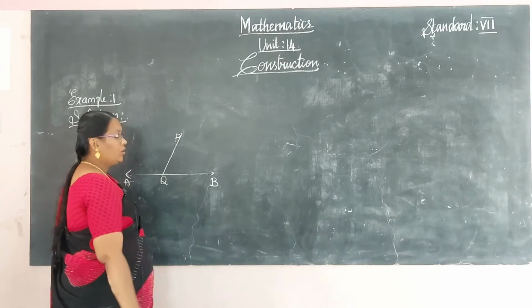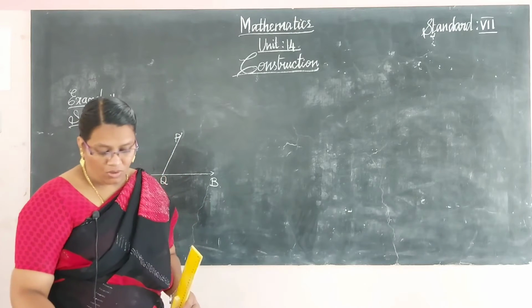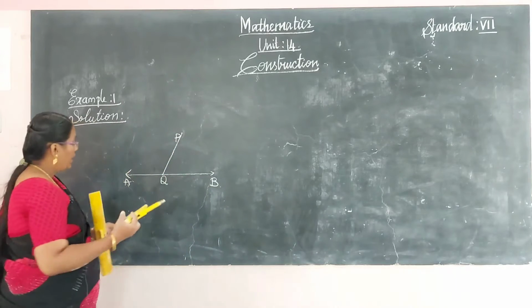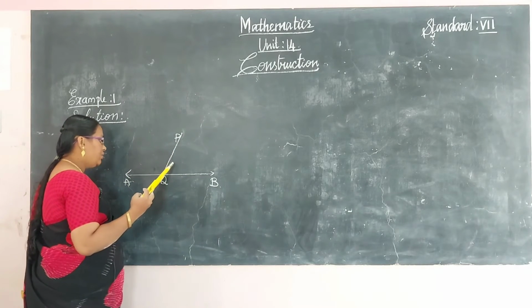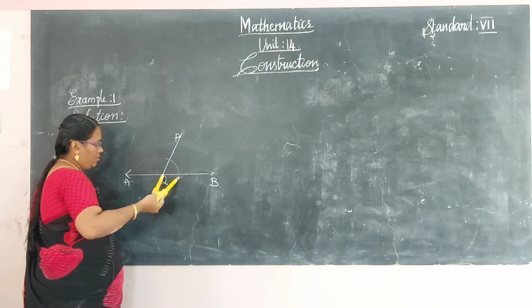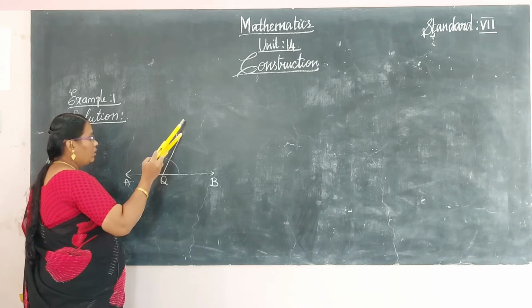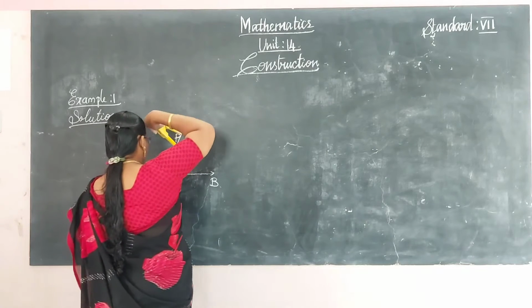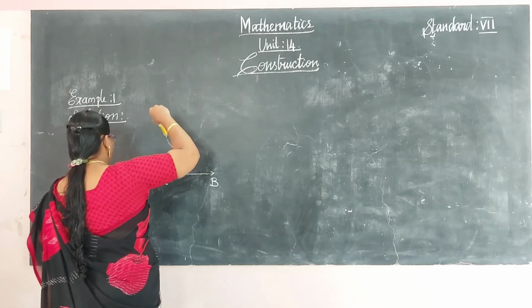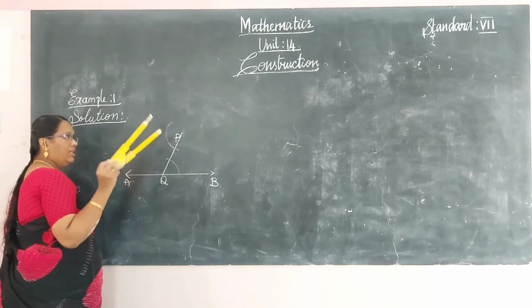Now, using the compass, take any radius, and with center Q draw an arc. With the same measurement and center P, draw another arc. Take the same measurement.